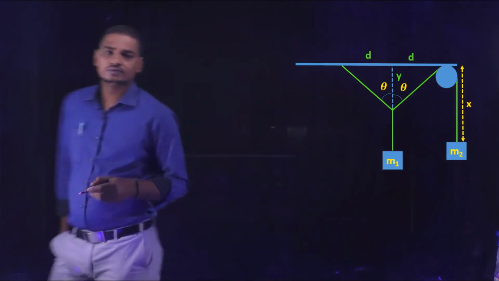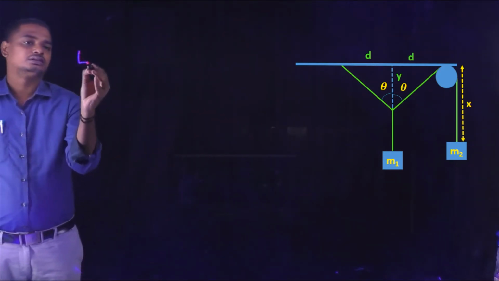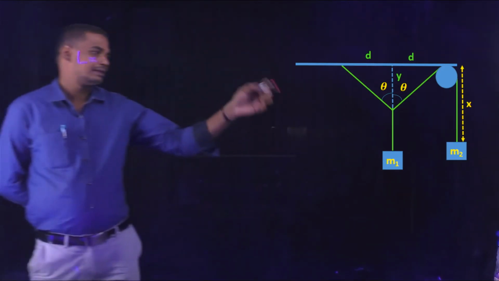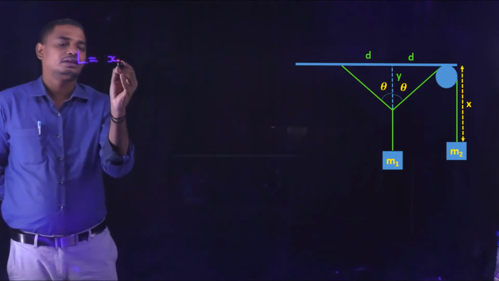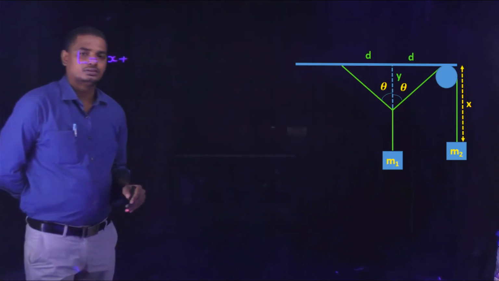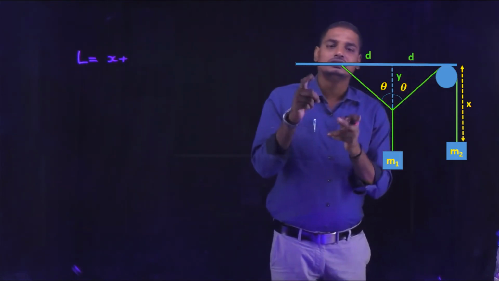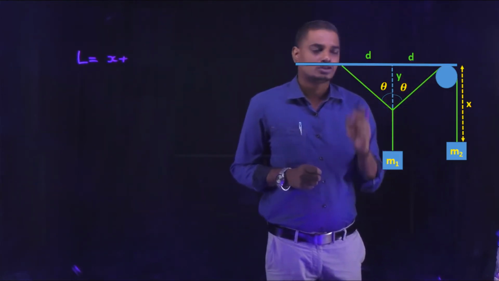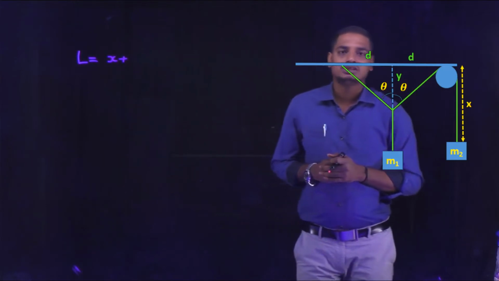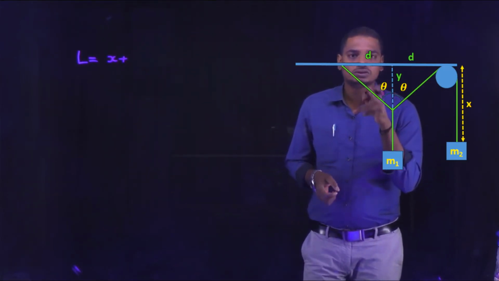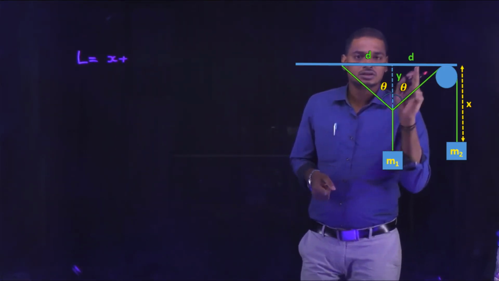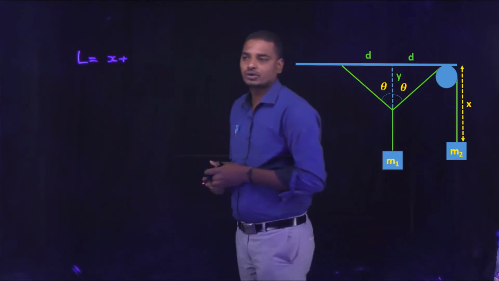The length L can be written as x plus the length of the string at this part and also at this part, right? You can see that there are two right angle triangles whose adjacent sides are y and d. So the hypotenuse will be root over y square plus d square.